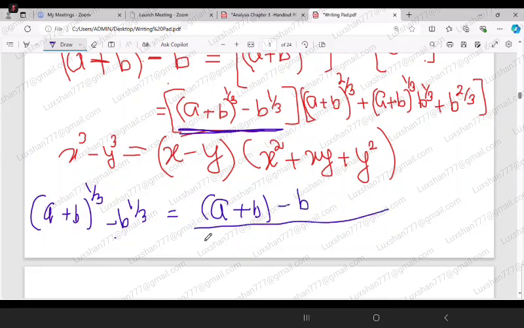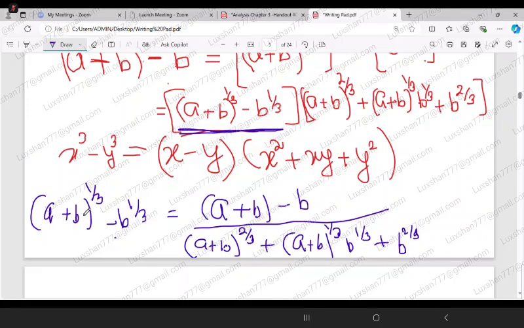So you can write it as (a plus b) to the power 2/3 plus (a plus b) to the power 1/3 times b to the power 1/3 plus b to the power 2/3.